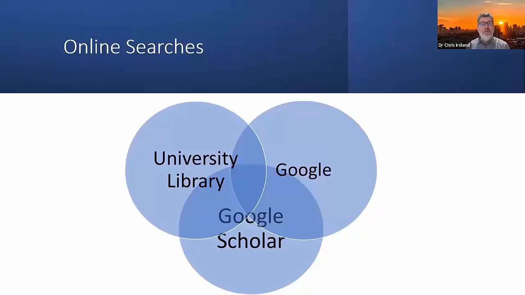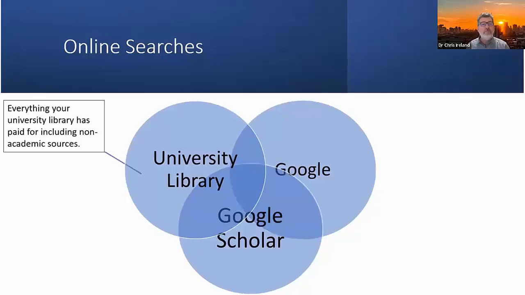So first of all, your university library, that's everything that your university has paid for. And that also includes non-academic sources, important non-academic sources, like newspaper articles. It could be marketing reports, company reports. So there's all of that on top of all of the academic stuff.